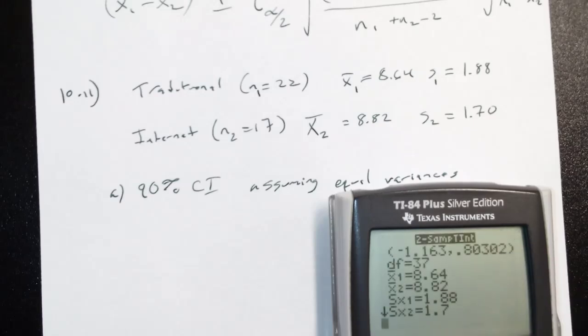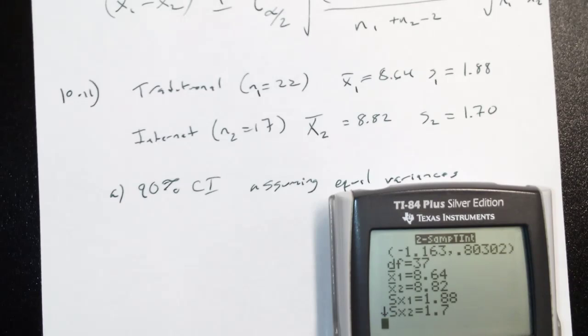Hey, a lot of stuff. Okay, wait a minute. First question. So what? What does this confidence interval tell me about the difference between people who took the class online versus people who took the class face to face?